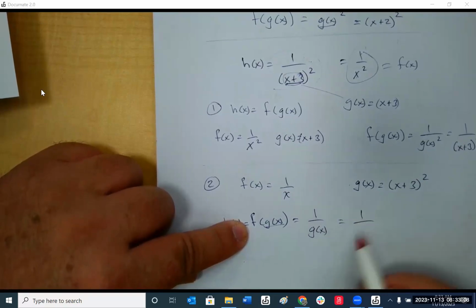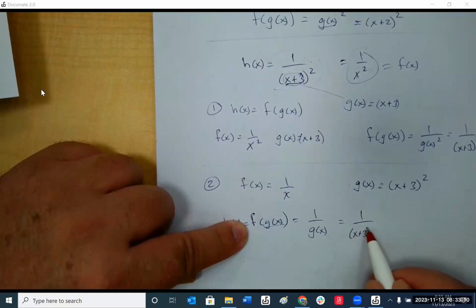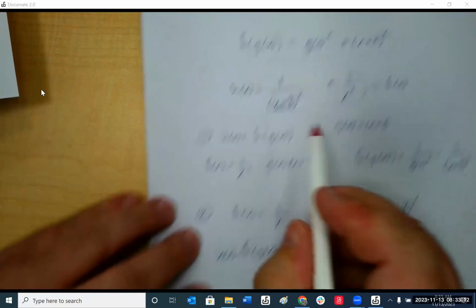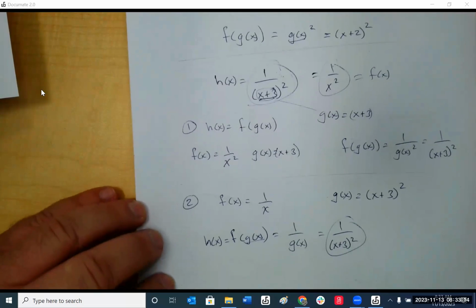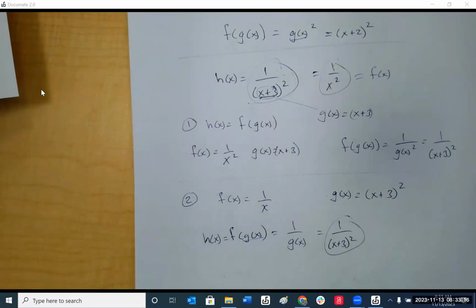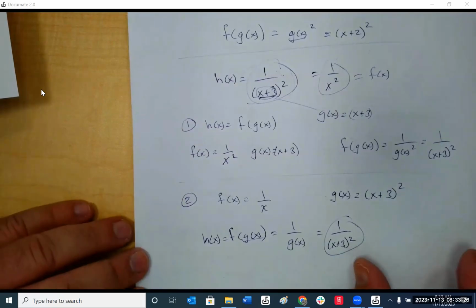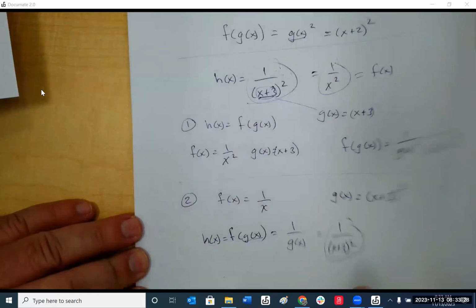What is g? X plus 3 squared, which is what we had to begin with. So again, either one of those will work, as long as when we do the composite functions, it gets the same thing. So that's the tricky part. Let's look at example 4.